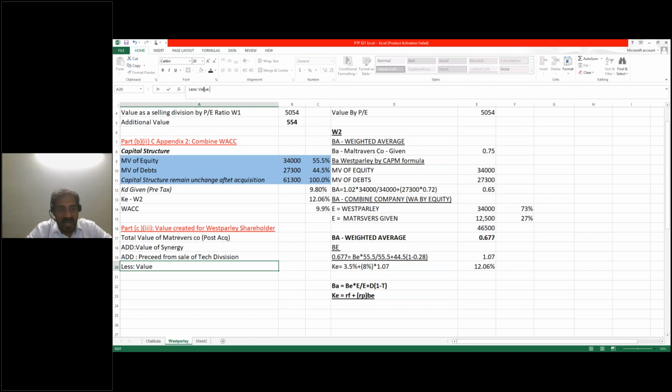Whatever amount we need to pay, that is the value of Met-Travers company, or value of acquiree. In very simple words, if you are the acquirer, you need to justify to the shareholder why we are acquiring.